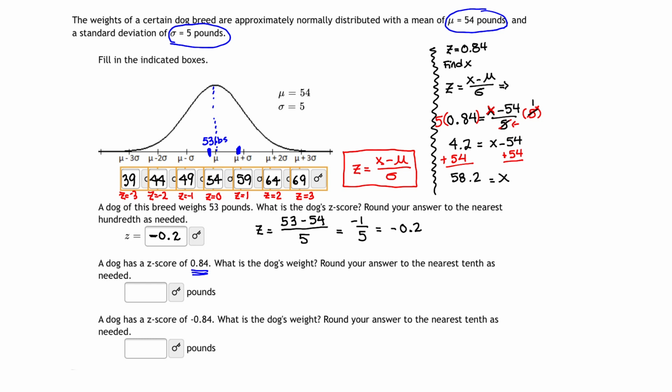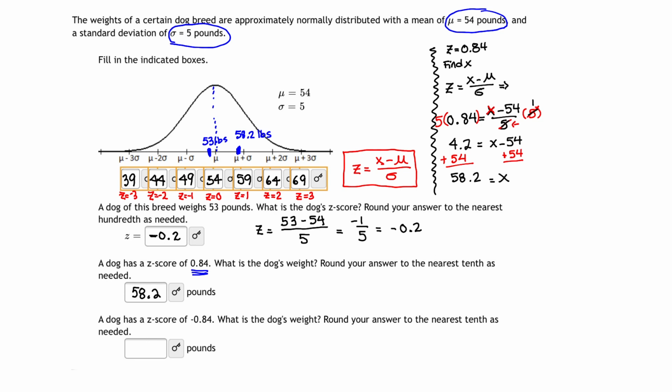And so that means our second answer, or the dog's weight that corresponds to a z-score of 0.84, is 58.2 pounds. And sure enough, if we look back up on our chart, it's just shy of 59, and that's 58.2 pounds. That completes the second question.